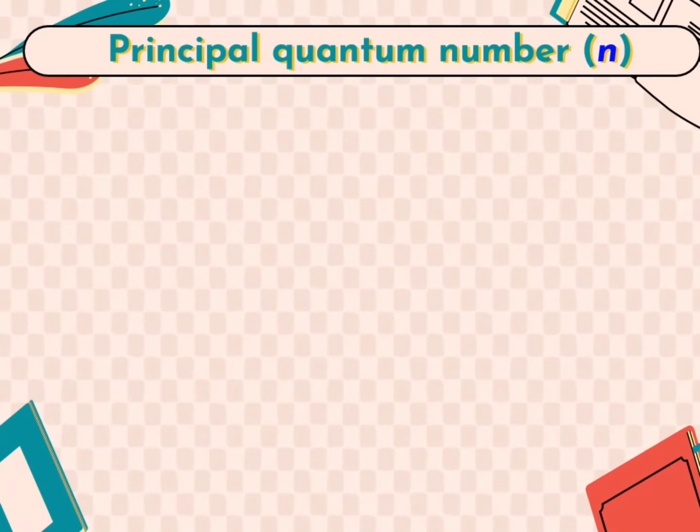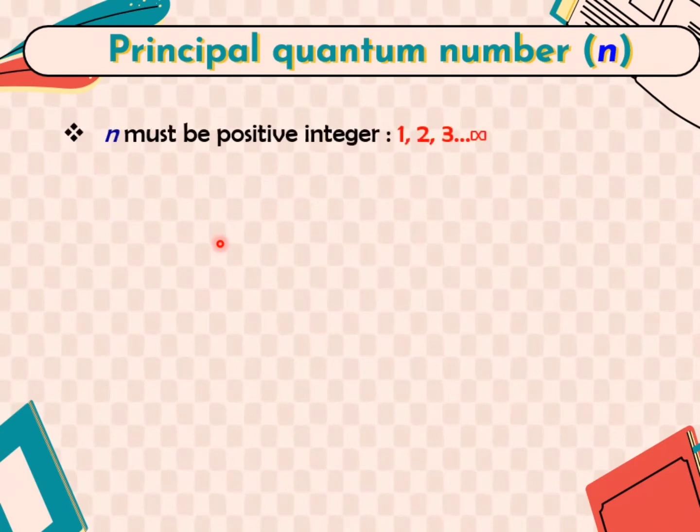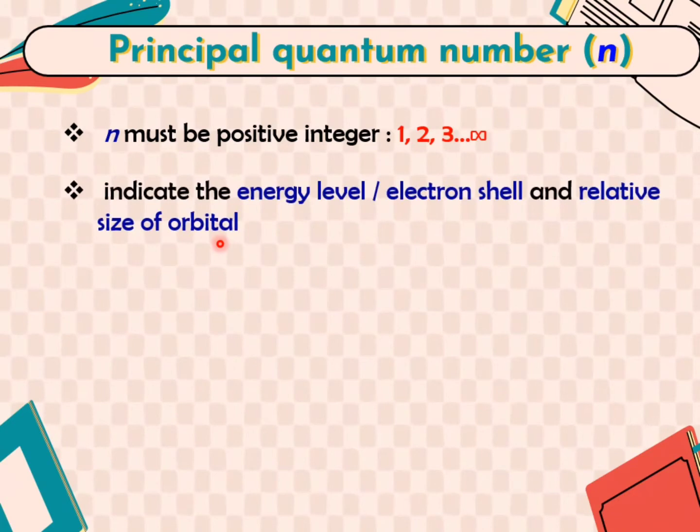Alright guys, now let's get to know what the principal quantum number is, whose symbol is N. N refers to Johor Matriculation College, as an analogy, its area. N must be a positive integer: either N equals 1, N equals 2, N equals 3. We already learned that N indicates the energy level or electron shell, which we drew in 2.1, and the relative size of the orbital.